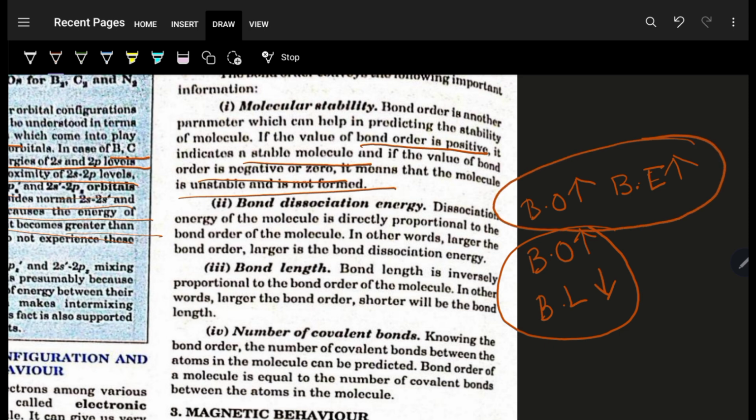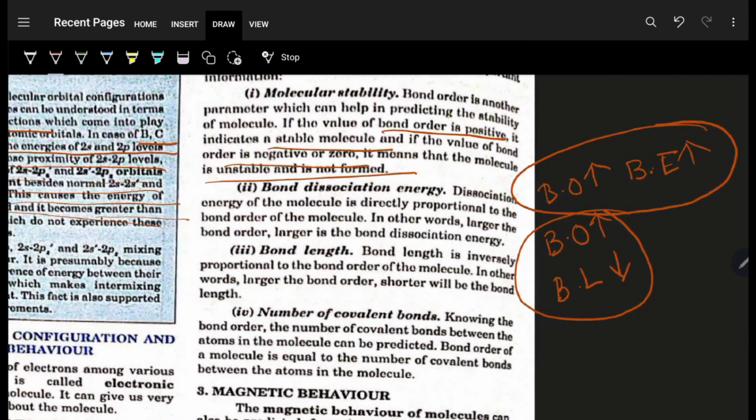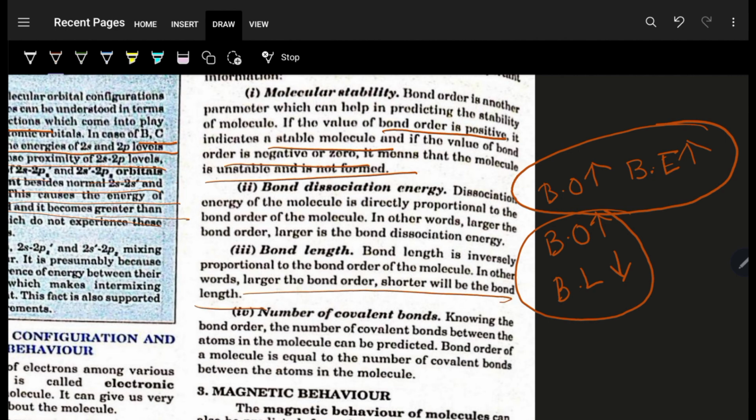So bond order is related to bond enthalpy. Bond order is also related to bond length. Bond order means how many bonds exist between the atoms that are forming the molecule, and you can mathematically calculate it as number of bonding electrons minus number of antibonding electrons, divided by 2. If the bond order is greater, the bond is stronger and the bond enthalpy increases, and the bond length decreases. Shorter will be the bond length if the bond order is greater.